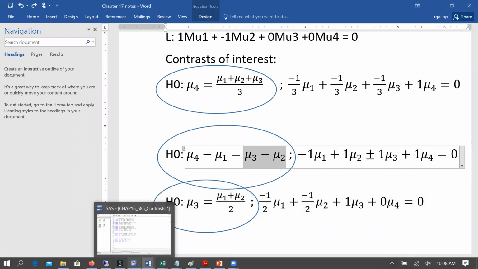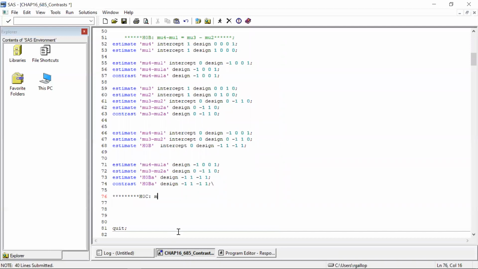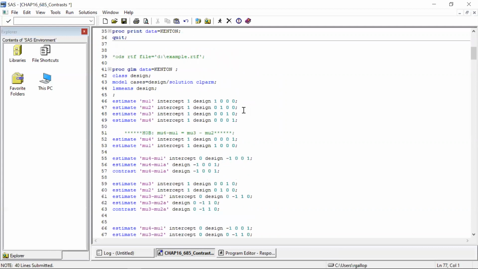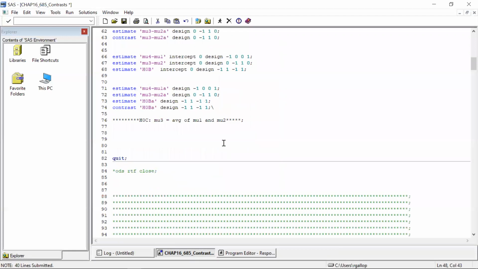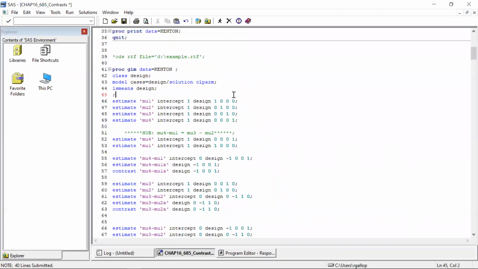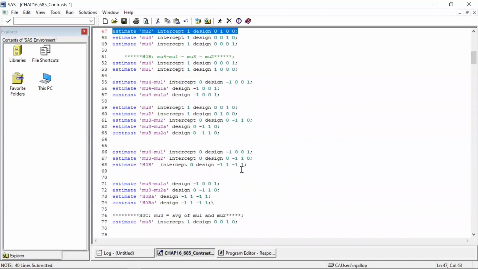So in this case here, I'm going to say mu3 compared to the average of mu1 and mu2. Okay, let me go ahead and steal lines of code. So steal line 48 down, 46 and 47.